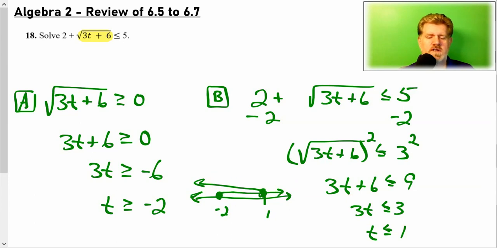Sorry, that's really a bad line. Let's see if I can try to do that again. That's better. Where do they overlap? But think about it logically. If t has to be bigger than negative 2 and t has to be less than 1, the answer is that it has to be between those two.